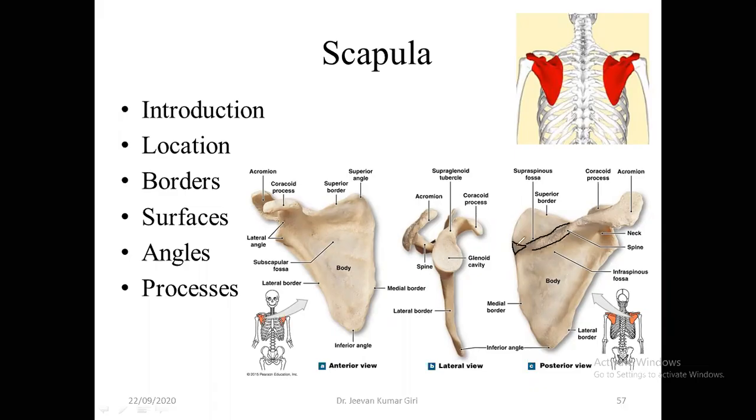The triangular area near the medial border, from where the spinous process begins. It is bounded by the upper lip, the lower lip, and the medial border. Just remember this label, the root of the spine.